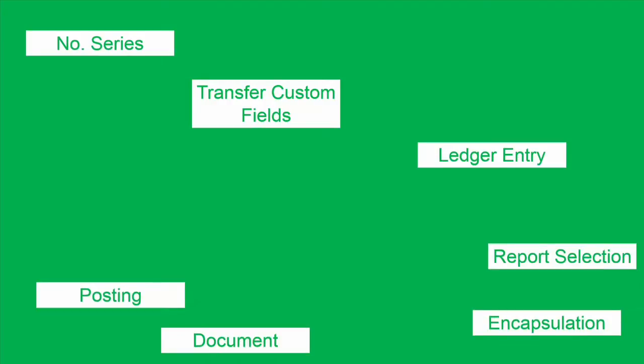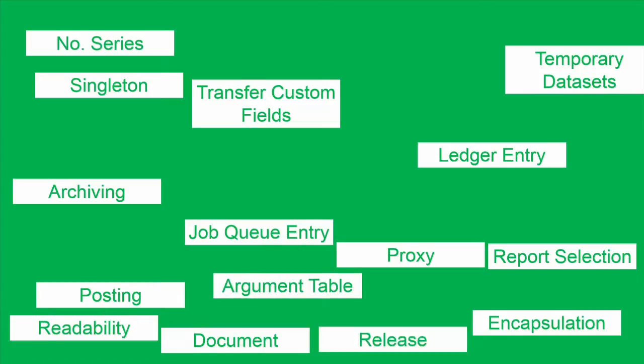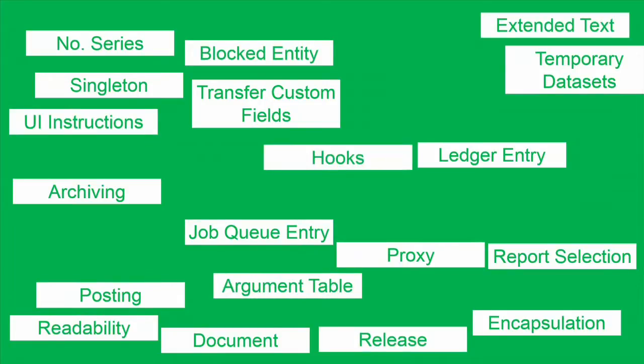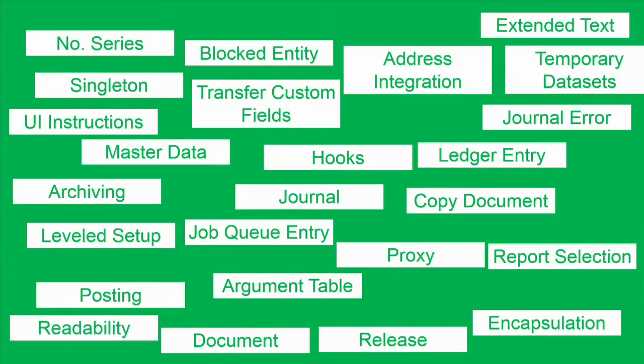So we started the design pattern project. We started it together with Microsoft. We started writing down design patterns. I think currently we have about 60 patterns, but I think there's way more in the application than what we have now. If you look at the screen, you see things that you might recognize: number series, documents, journals, copy document, all the things that we used to have in NAV for the last 20, 25 years.